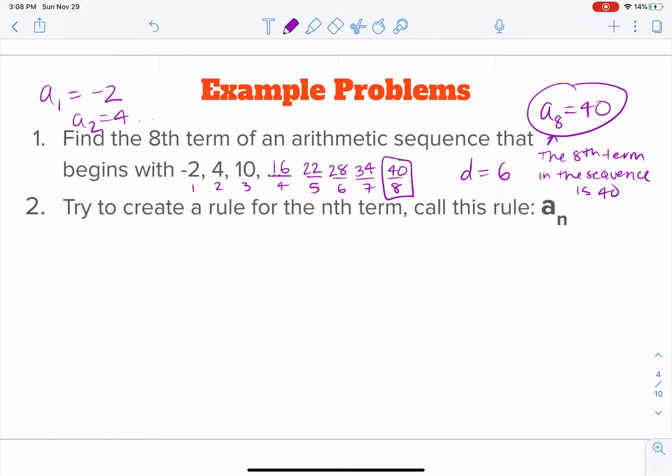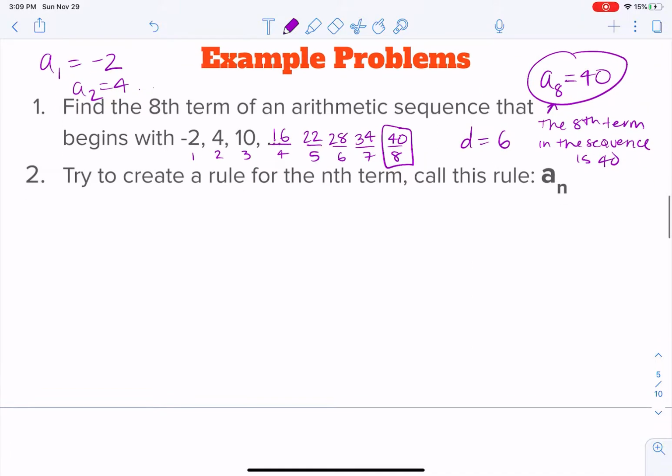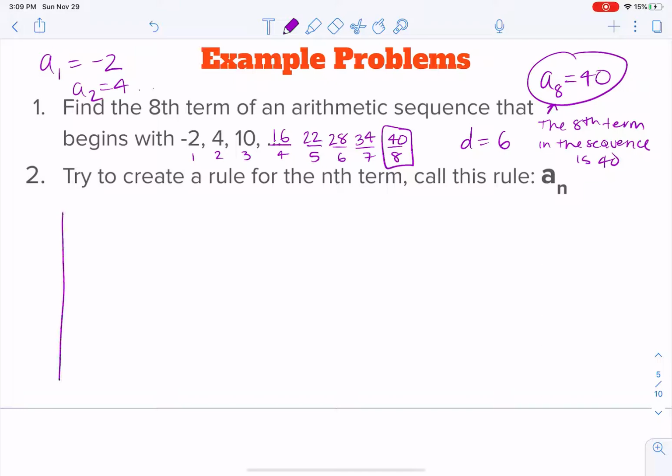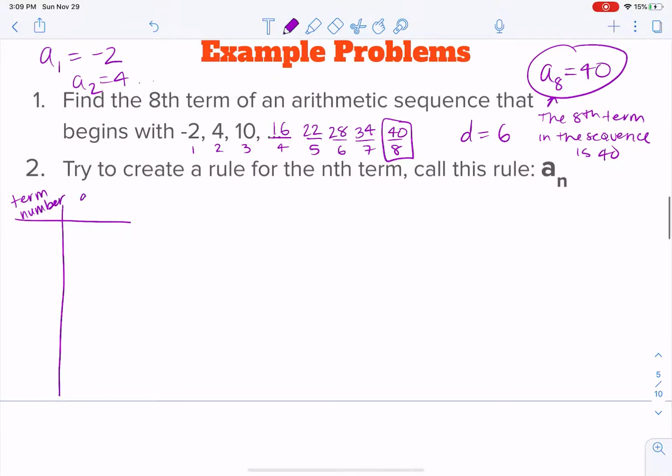So number 2 here for our example problem says, try to create some kind of rule or formula to find the nth term and call this rule A of n. So let's take a look here. The first thing that I want to do is organize the numbers in my sequence. So I'm going to make a table. I will call it term number and actual term value.